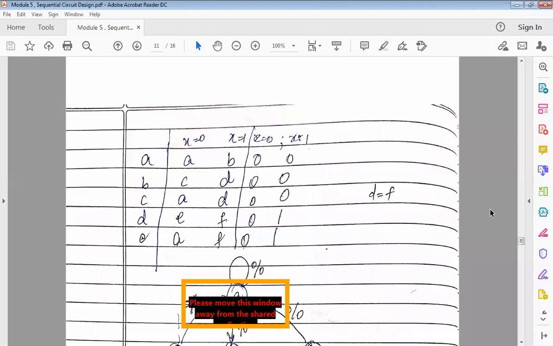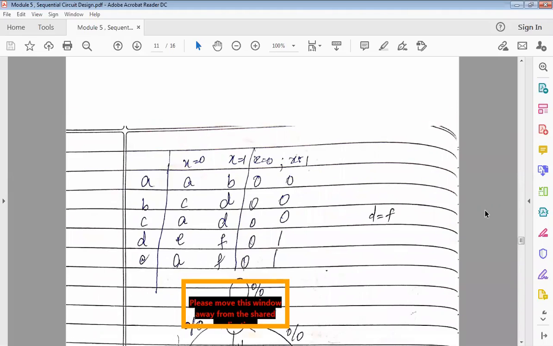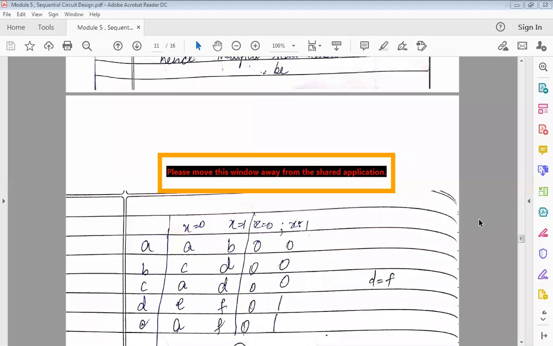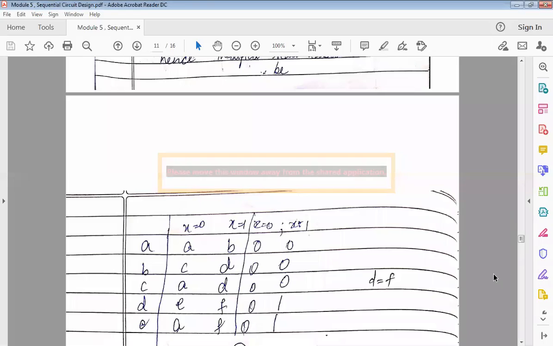Okay. So once you have taken note of it, you can go ahead with the state diagram as well. Are you all done with the state diagram? Yes, sir. Okay.